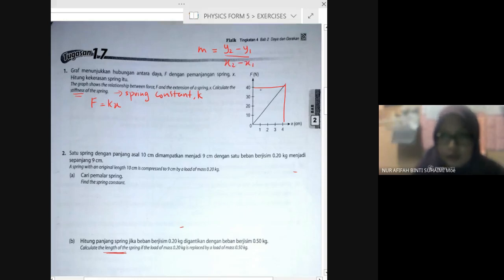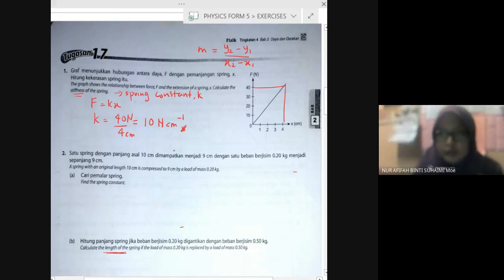We have 40 minus 0 for Y and 4 minus 0 for X. So K equals 40 over 4, and the spring constant becomes 10. The unit is Newton for force and centimeter negative 1. Unit mesti tulis. So Newton cm negative 1.